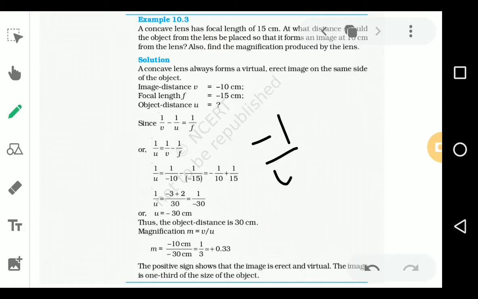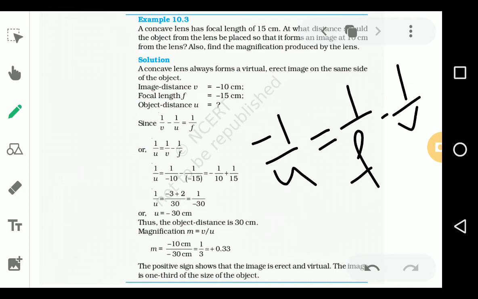So minus 1 by u equals 1 by f minus 1 by v. If you want to make this negative plus, then you have to also change the signs of all of this. So 1 by f will be minus, 1 by v will be plus. So 1 by u equals 1 by v minus 1 by f. So this formula is now derived for this particular problem.